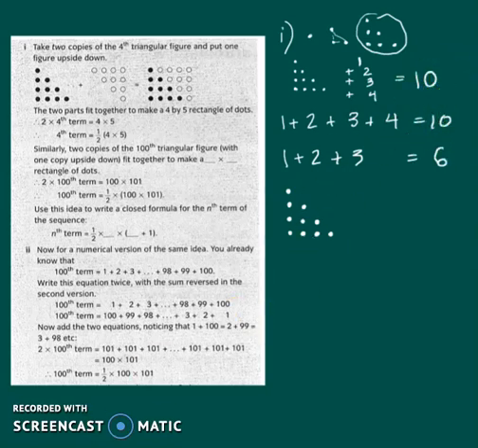Okay, so now we're going to make another copy of this fourth triangular figure, and we're going to turn it upside down. So we're going to rotate it 180 degrees. We're going to turn it upside down, and then they want us to attach it to the original triangular figure that we had. So sorry, my drawing is not 100% beautiful, but I hope you can get the idea.